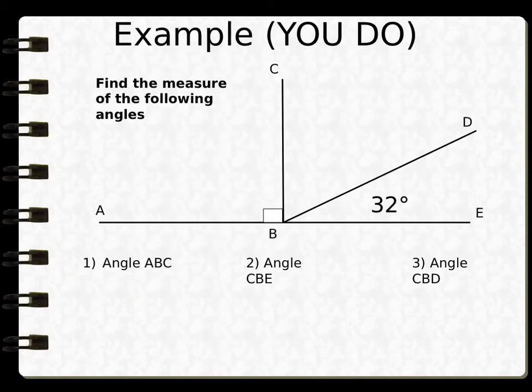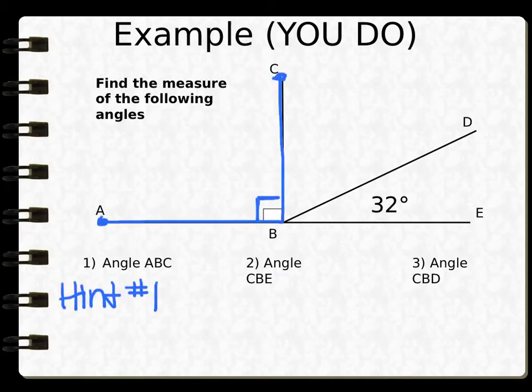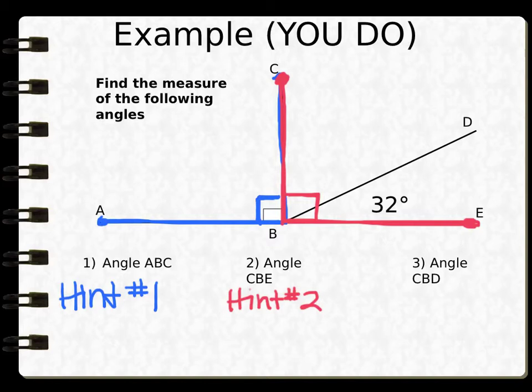All right, now I'd like you to pause the video, solve this problem in your notebook, and hit play if you need a hint. Ready, pause. Hint number 1 tells you that angle ABC is this blue angle right here. Pause the video, keep going, and hit play when you're done. Ready, pause. Hint number 2 is angle CBE is the red angle.